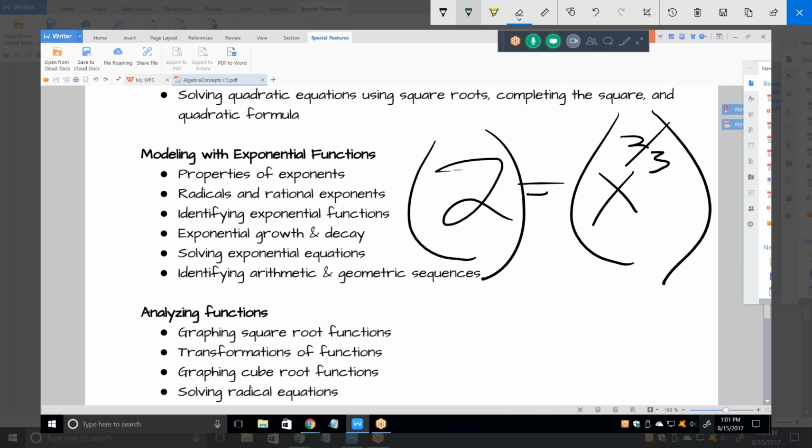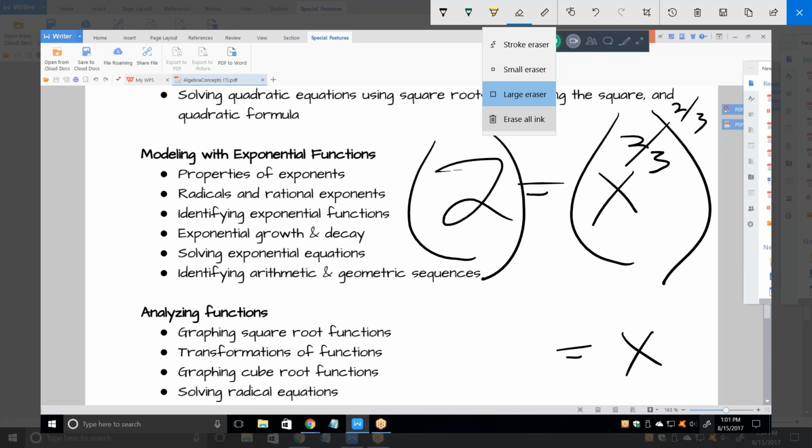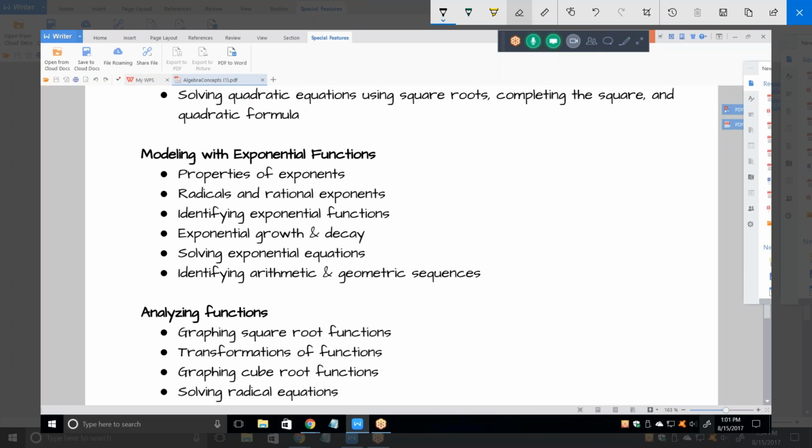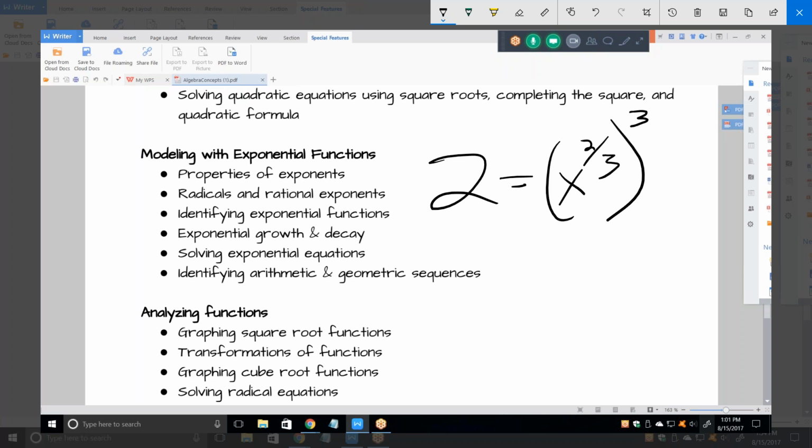So what do I have to multiply the right side by in order to get x? 2/3? No, if I multiply by 2/3, that becomes 4/9. Oh, 6? No? Shoot. I didn't mean to do that. 2 equals x to the 2/3 if I exponentiate it by 3/2.